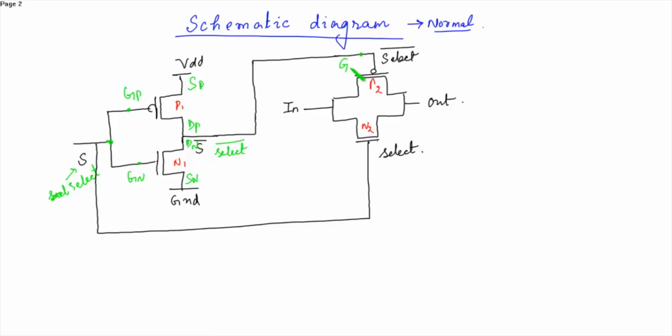So this is gate of P2, source of P2, drain of P2, source of N2, drain of N2. This is the gate terminal of N2. So this is a normal schematic diagram of a transmission gate.